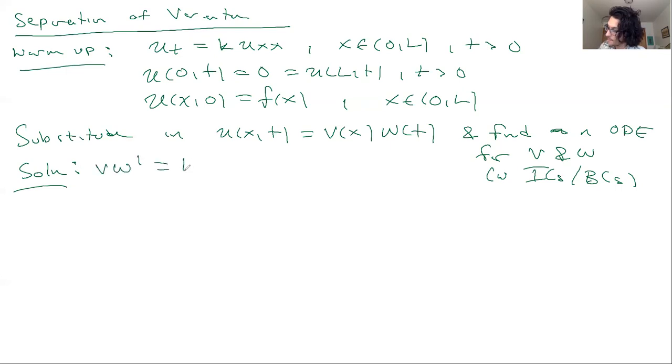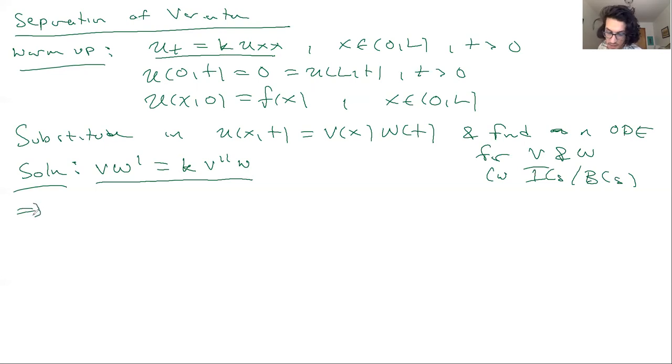All right, so if I just plug this assumption in, I immediately see that if solutions are of this form to this PDE, then the separated solution should satisfy this equation. Now, this is a single equation, and yet I have two unknowns, okay?